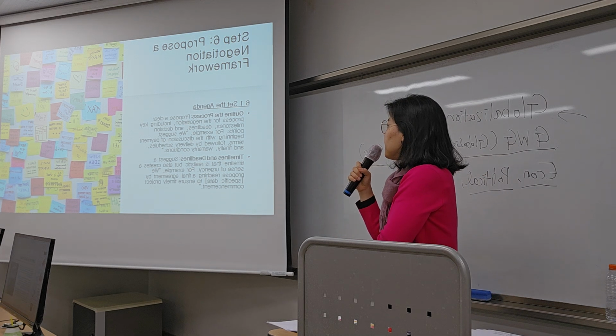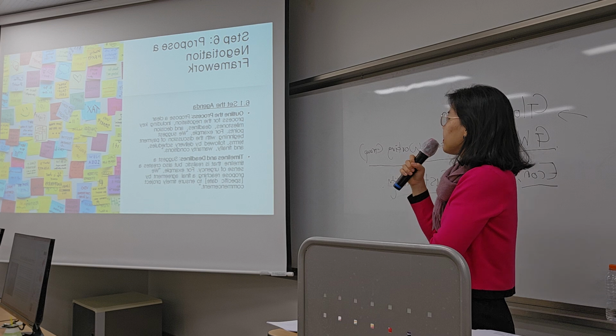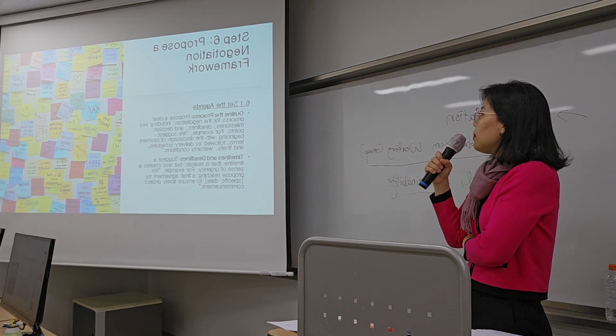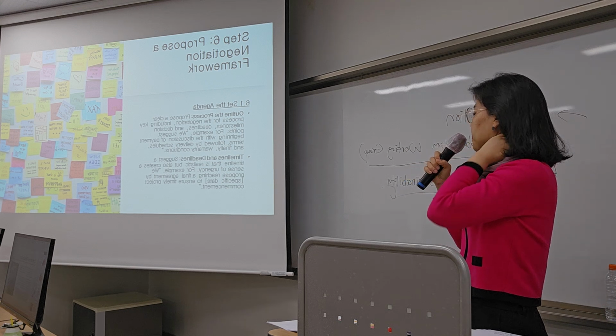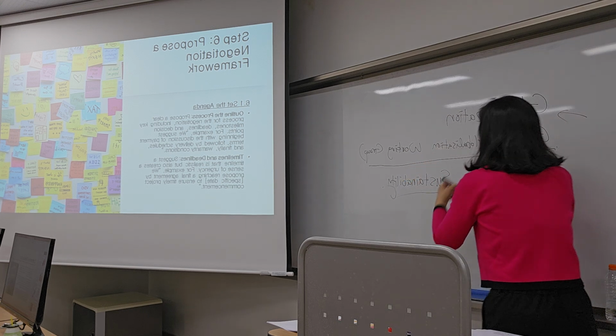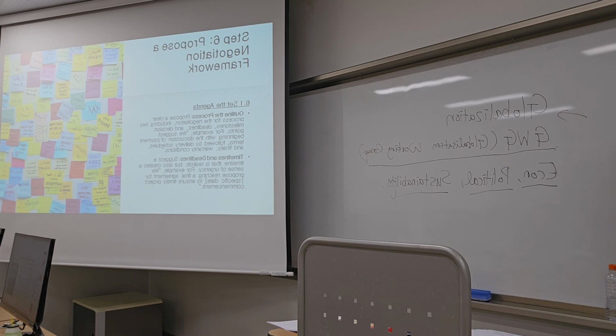Set the agenda. Outline the process. Propose a clear process for negotiation, including key milestones, deadlines, and decision points. For example, we suggest beginning with the discussion of payment terms, followed by delivery schedules, and finally warranty conditions.